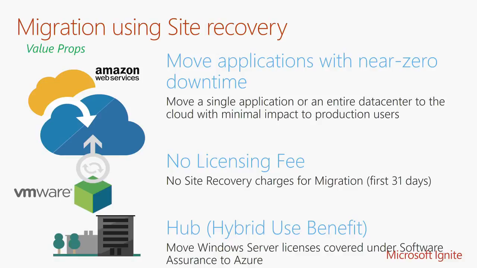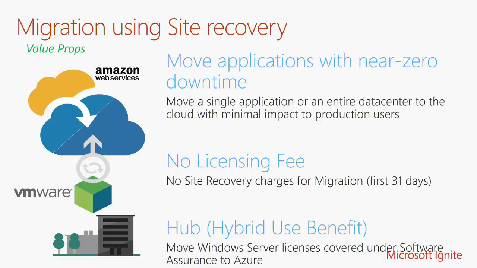again, an add-on that was added a few months back for Azure Site Recovery. With the hybrid use benefit, customers moving their on-premises workload into Azure, if they have an enterprise agreement or software assurance, can move those licenses into Azure. So what's the benefit?